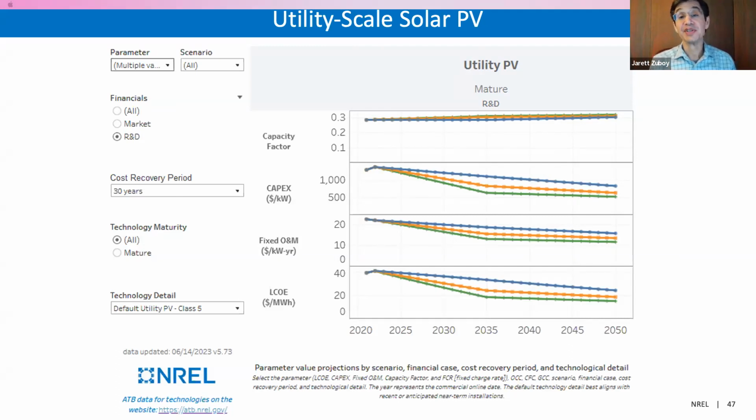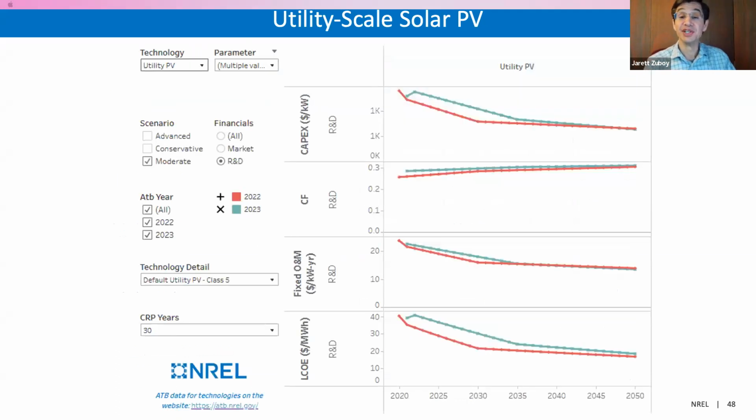It'll be a little more interesting, because here we see a comparison for utility scale PV, comparing the different categories: CapEx on the top, capacity factor next one down, then O&M, then LCOE. You see the big increase overall through the 2030, 2035 timeframe. We see the biggest difference in utility scale PV costs.